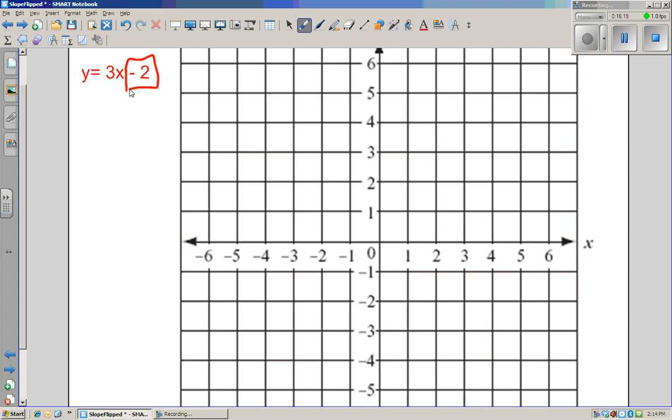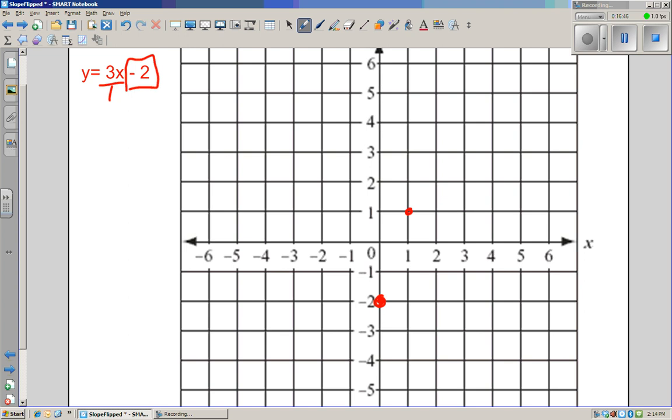Since it's negative 2, my first point goes on the y line at negative 2. Now, the slope is 3, but we need to rise over 1, or a rise over 1 fraction. We know if there's nothing under it, it goes over 1. So 3 over 1 attached to x just means I go up 1, 2, 3, and over 1.